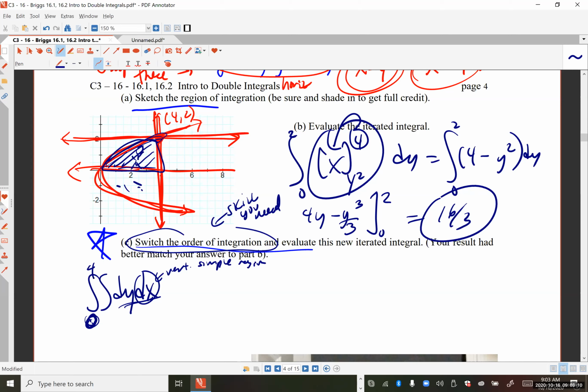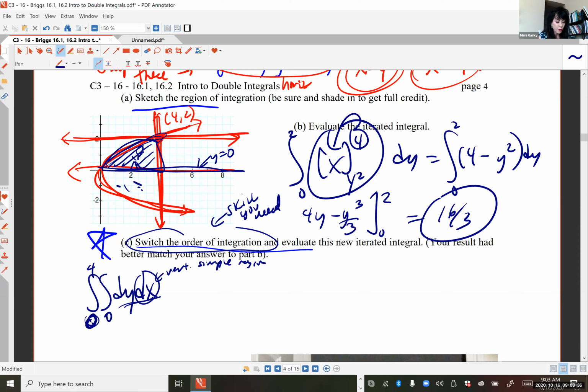Now what? Well, even though y is going from 0 to 2, if you put 0 to 2 on there, no. This region is not rectangular, so the limits are not all pure numbers. It's clearly not rectangular, so you got to be careful. So the little man's feet are standing on the lower limit for y, and notice they're standing on the x-axis, which has the equation y equals 0.